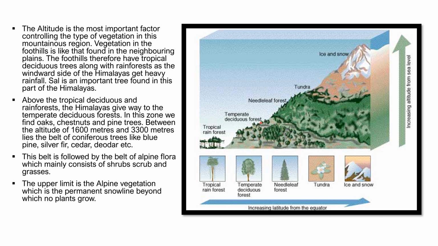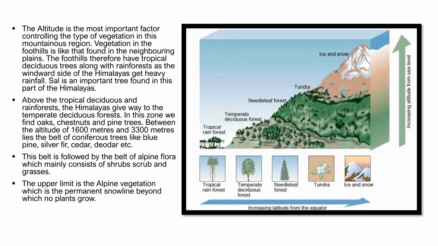chestnut, chir, etc. Higher up, at an altitude of about 1500 to 1700 meters, the coniferous trees dominate. And the most important trees are pine, cedar, fir, and spruce. Alpine vegetation is found above 3,500 meters of height, that is the tree line.